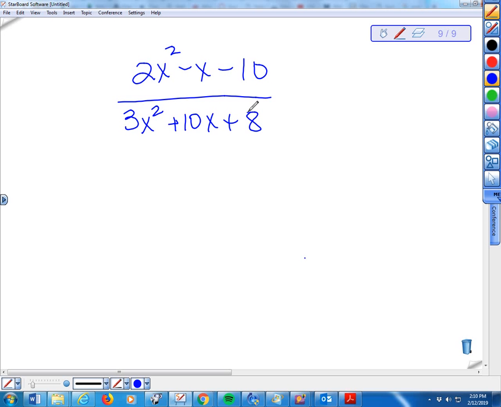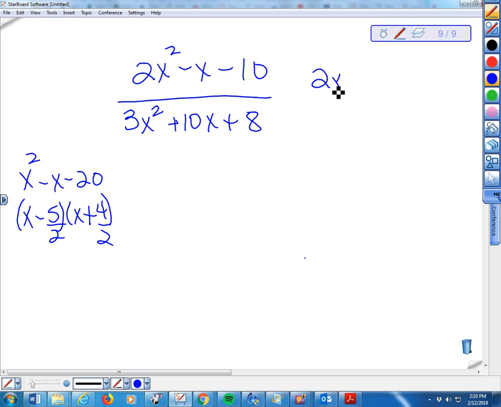Okay, so let's first factor if we can. So on top it ends up being, if I do bottoms up, x minus 5, x plus 4, then I divide by 2. So on top I have 2x minus 5 and x plus 2.